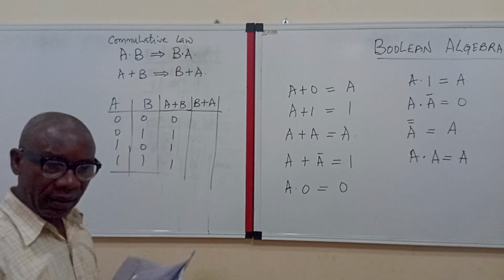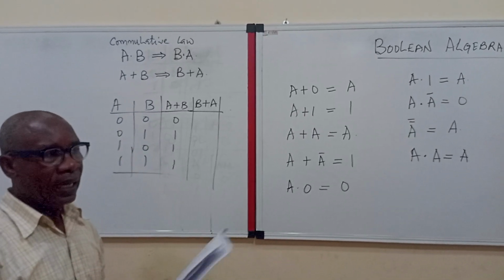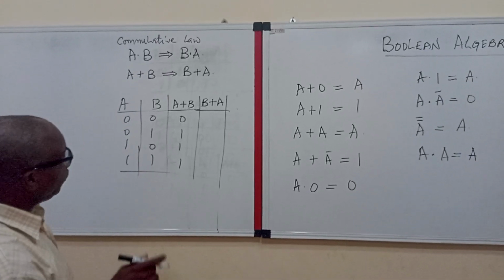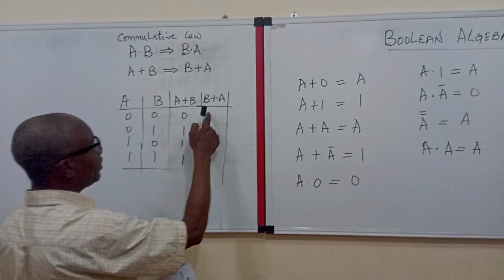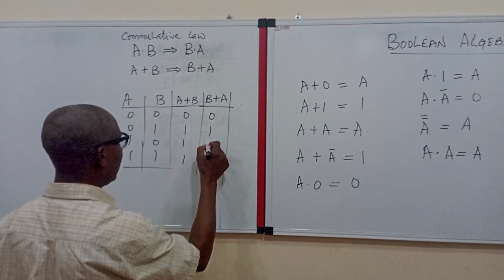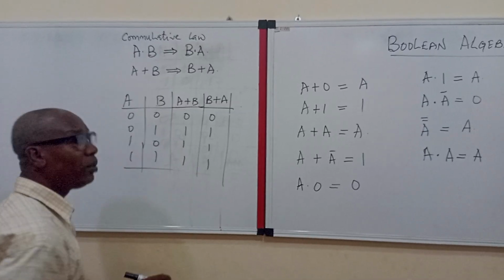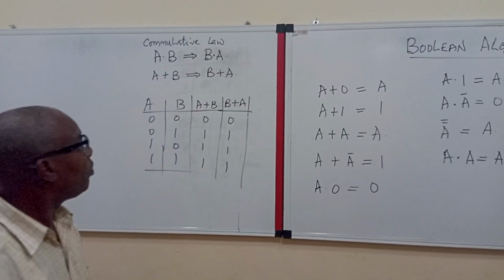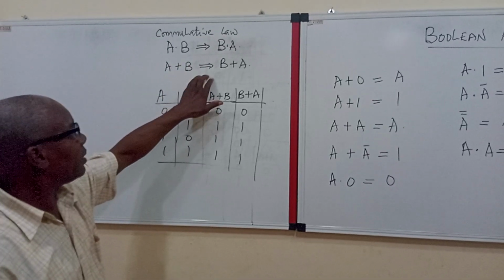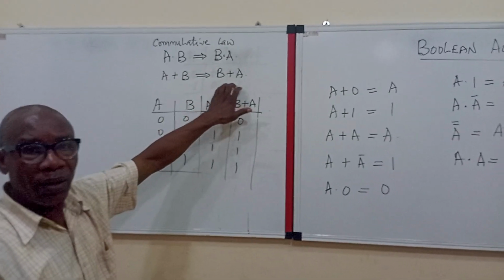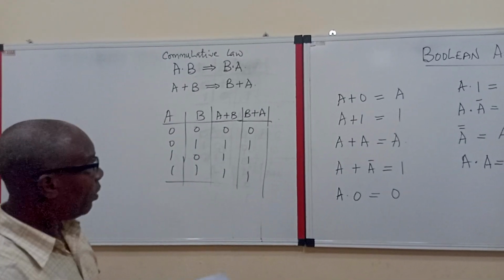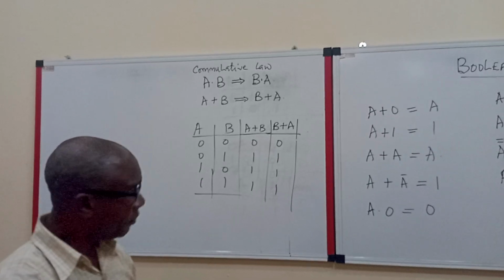Remember, 1 is true, 0 represents false. If we go over to B or A, the same result appears. This goes on to prove that A or B is the same thing as B or A. This is the commutative law in Boolean algebra.